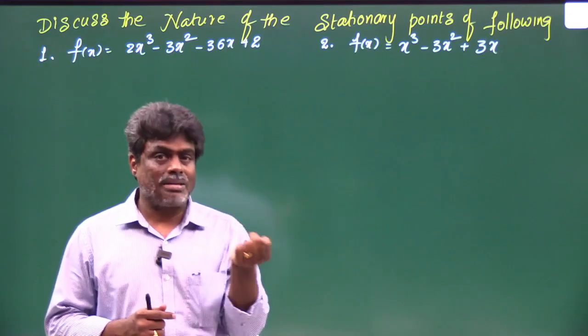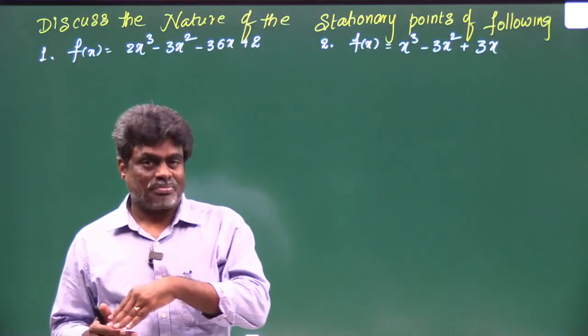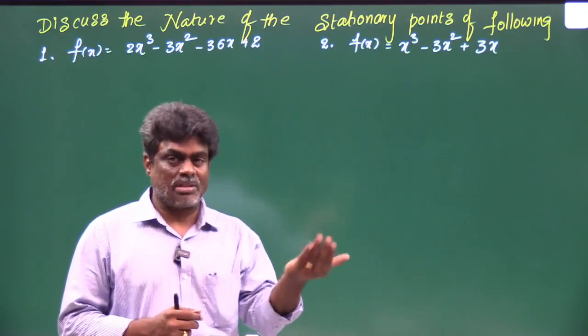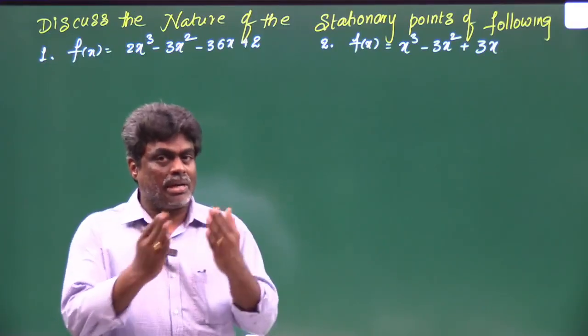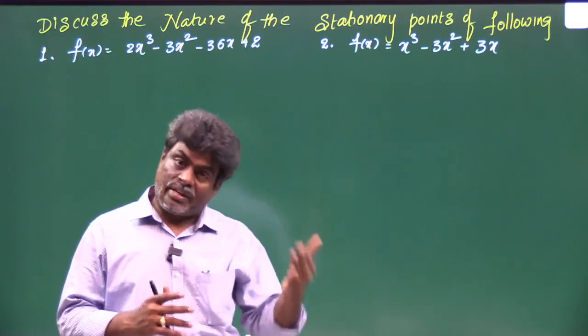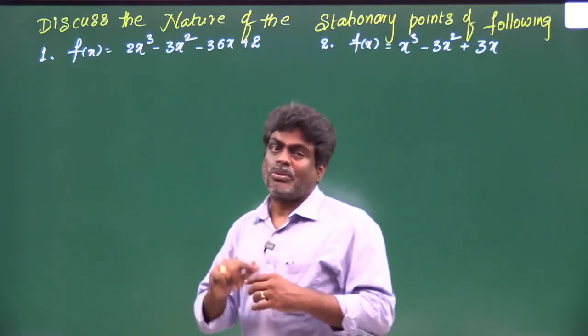The polynomial order is 3. Once you differentiate it, the order becomes 2, because the derivative of x³ becomes x². So a cubic equation becomes a quadratic equation after the derivative, and you are taking the derivative and equating to 0.